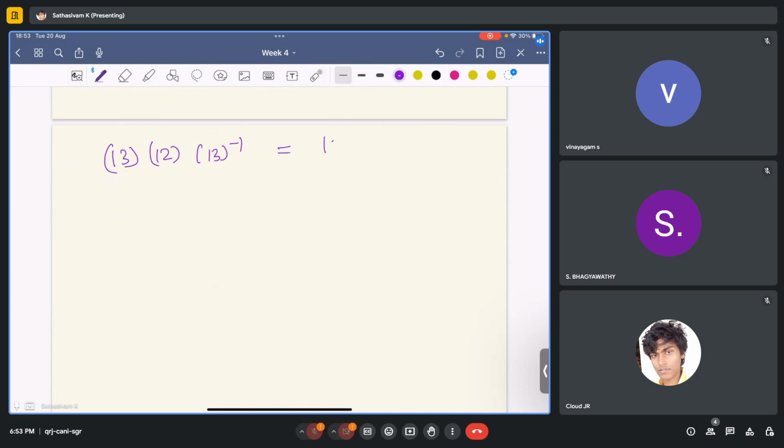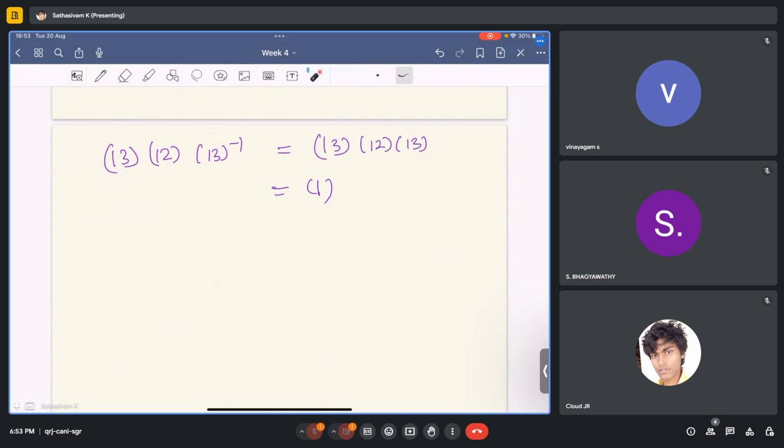So this is nothing but (1 3)(1 2)(1 3). Now let's compute it. Let's start with 1. 1 goes to 3 here, 3 goes to 3 here, and 3 goes to 1 again. So 1 goes to 1.